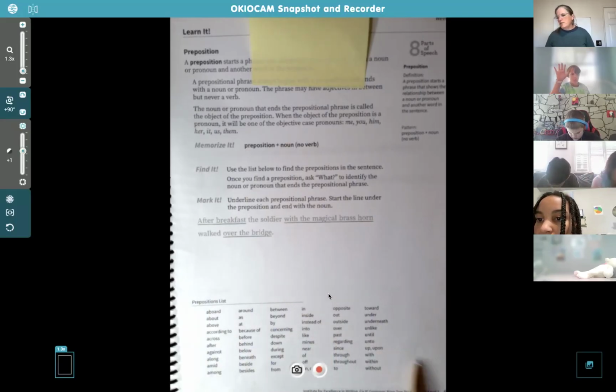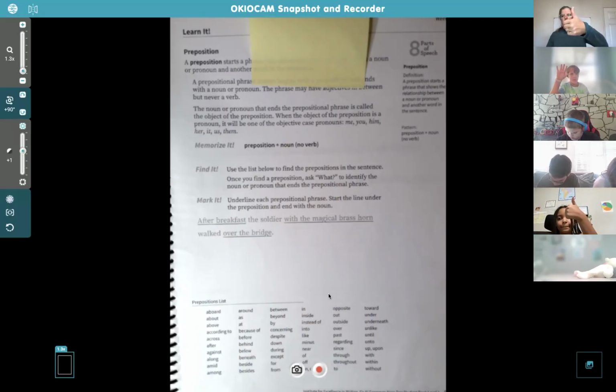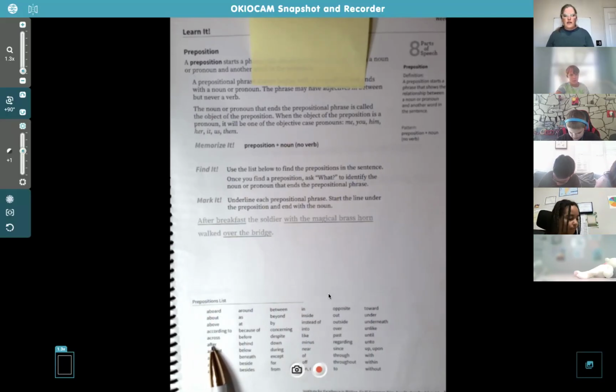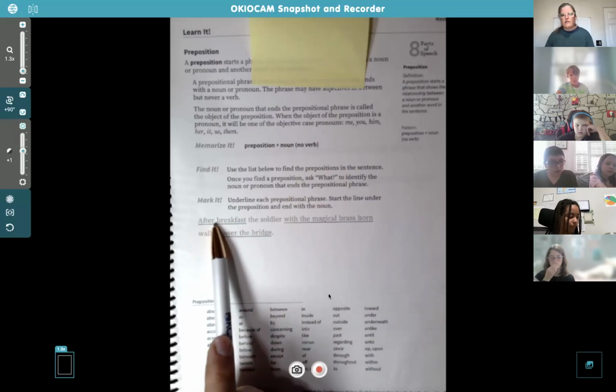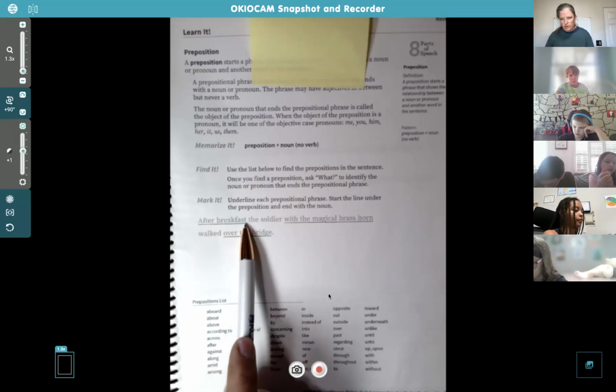It should be on your page, page 43. You see after? Okay, Eris has a thumbs up. Declan, it's in that first column right here. That means it's a preposition. And then if you ask yourself, after what? After breakfast. So that's the phrase. It's just two words.